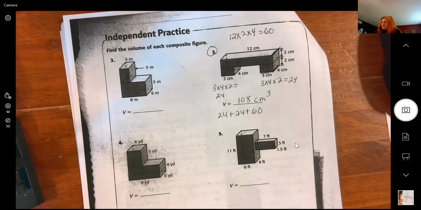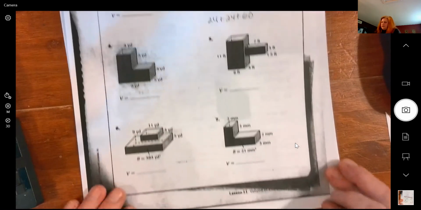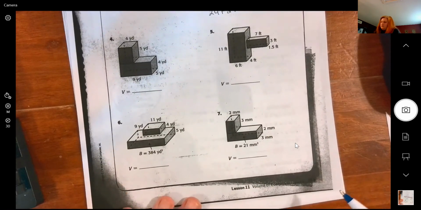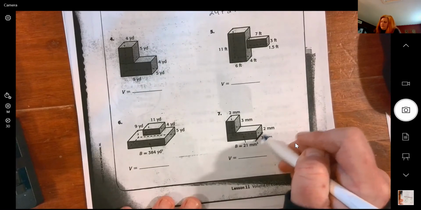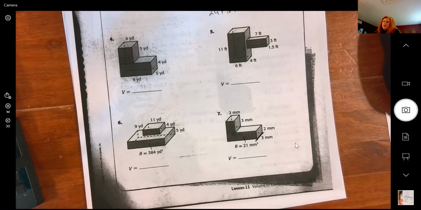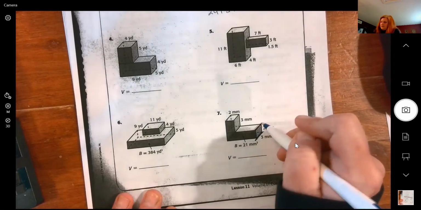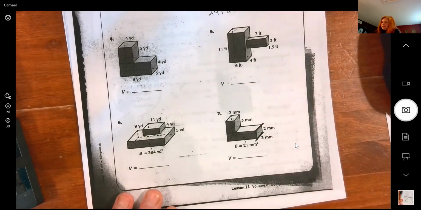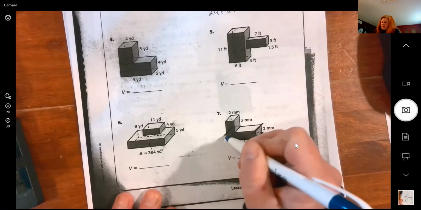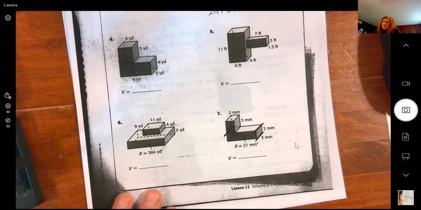Let's do one more. Let's jump down to number 7. All right. So we have this right here that's a 3, which means this is a 3, which means this one is a 3.